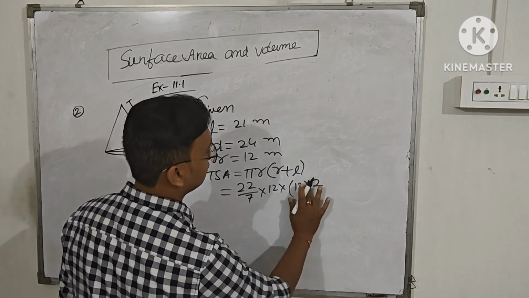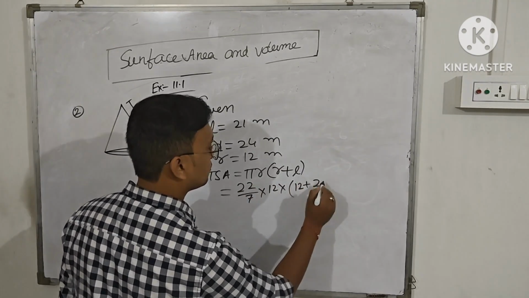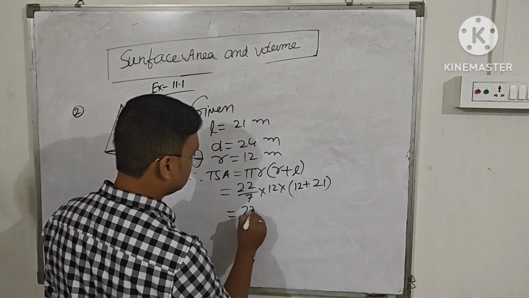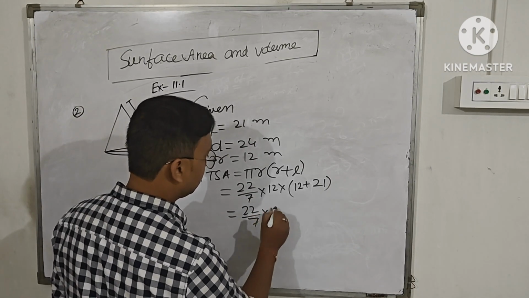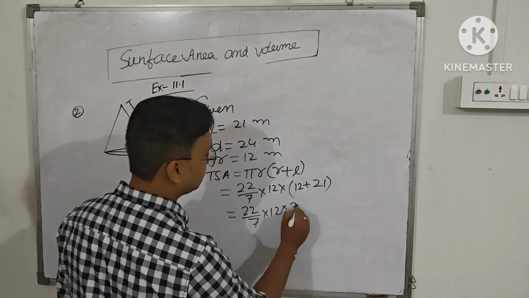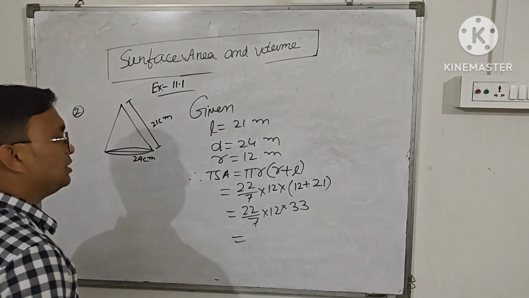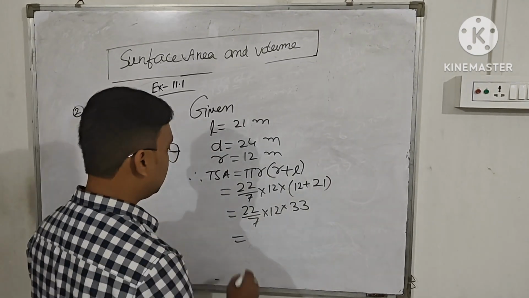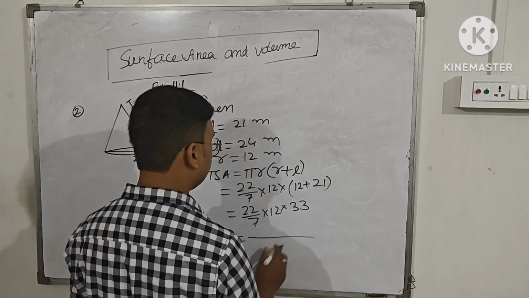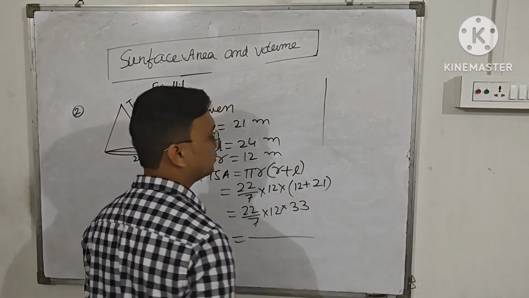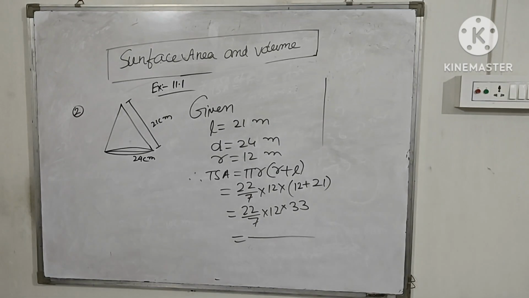L is 21. This is plus. 22 by 7 into 12 plus 33. So these three numbers are not divisible. Multiply 22, 12 and 33 and divide by 7. Answer is given in fraction or decimal.